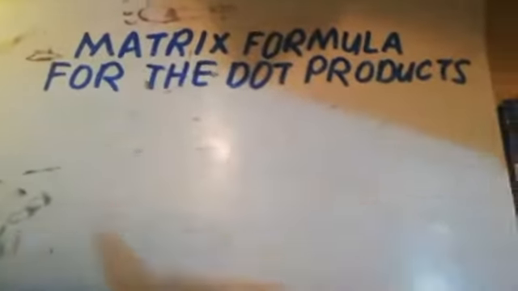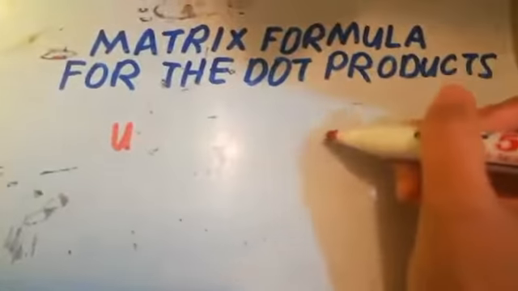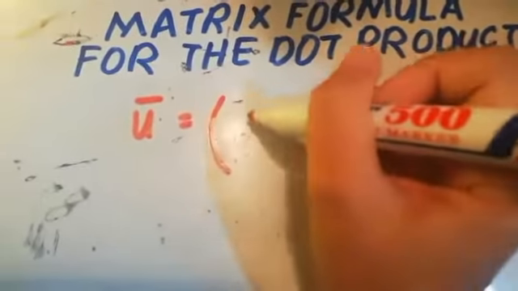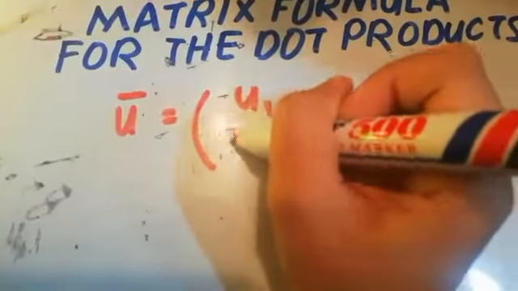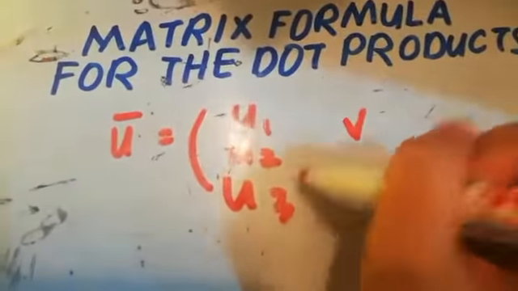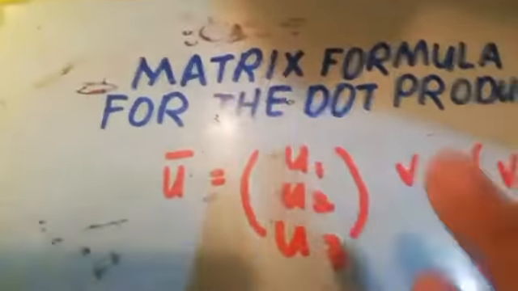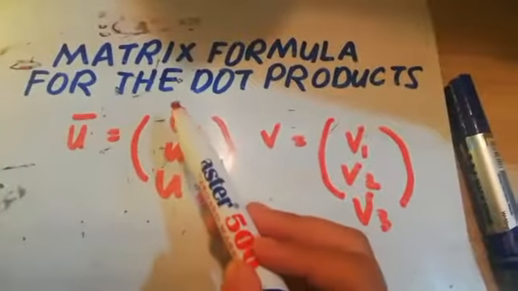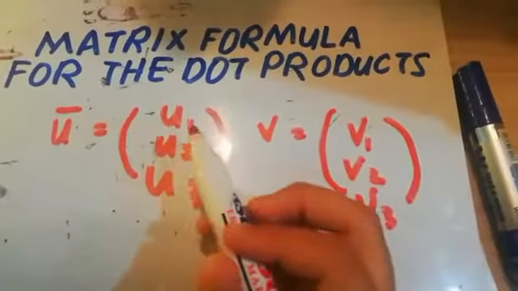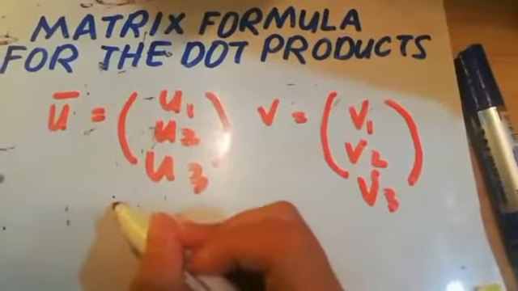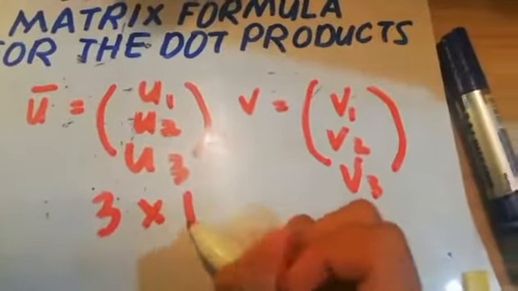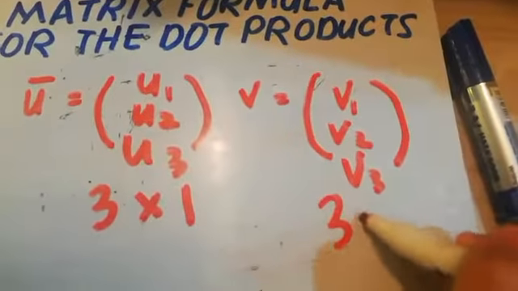Now we will list the two vectors u and v, and list the components u1, u2, and u3. This is because in the matrix we have to write it like this, 3 rows and 1 column. So this one has 3 rows times 1 column, and the same for the other.